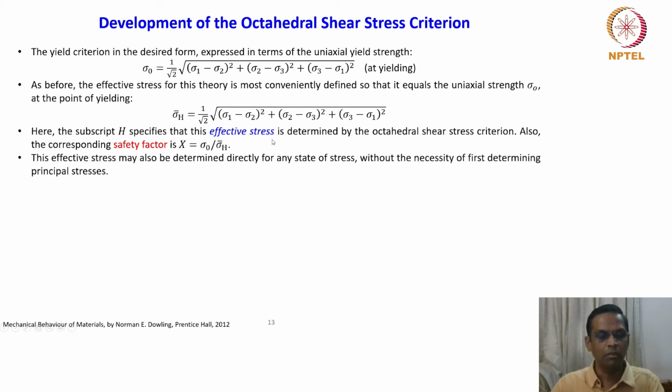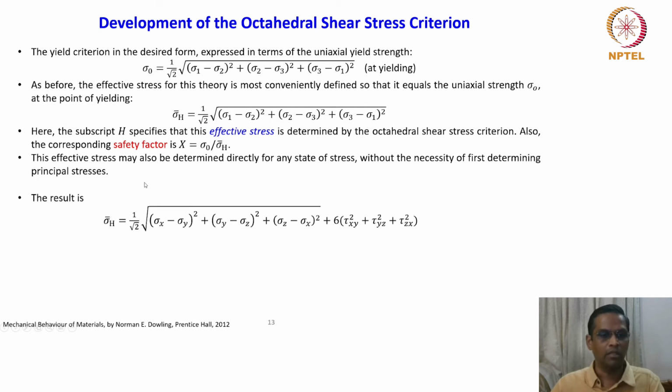So similar to the previous cases, this effective stress may also be determined directly for any state of stress without the necessity of first determining the principal stresses. The result is sigma h bar equal to 1 by square root 2 times (sigma x minus sigma y) whole square plus (sigma y minus sigma z) whole square plus (sigma z minus sigma x) whole square plus 6 times (tau xy square plus tau yz square plus tau zx square).